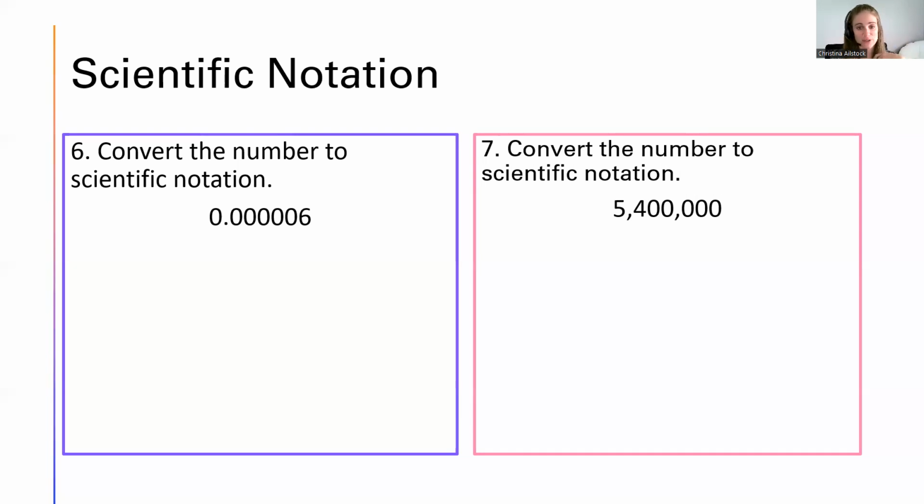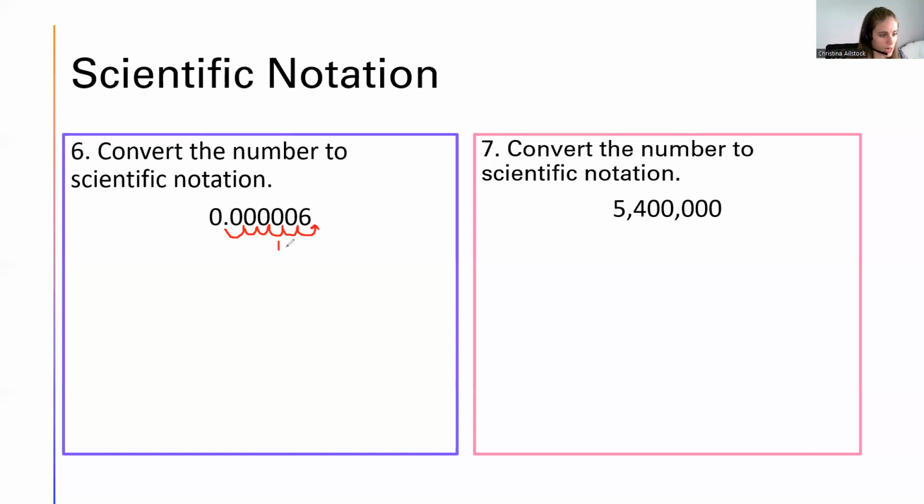Therefore, to convert this into scientific notation, I need to see how many times that decimal point should be moved. So we are moving that decimal point 1, 2, 3, still not far enough, 4, 5, almost, 6 places.